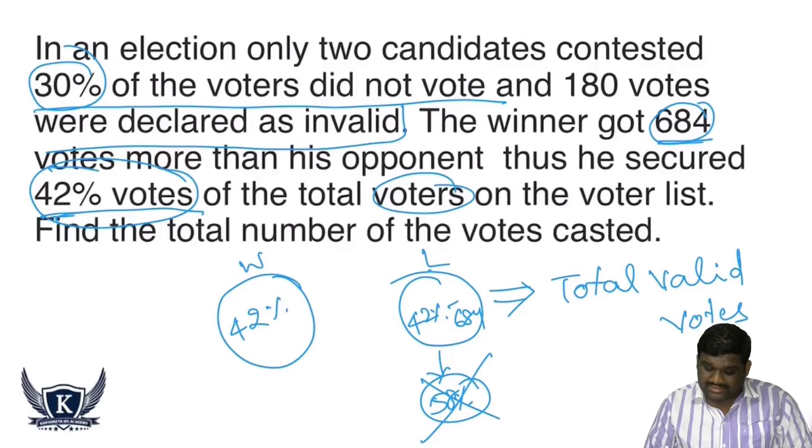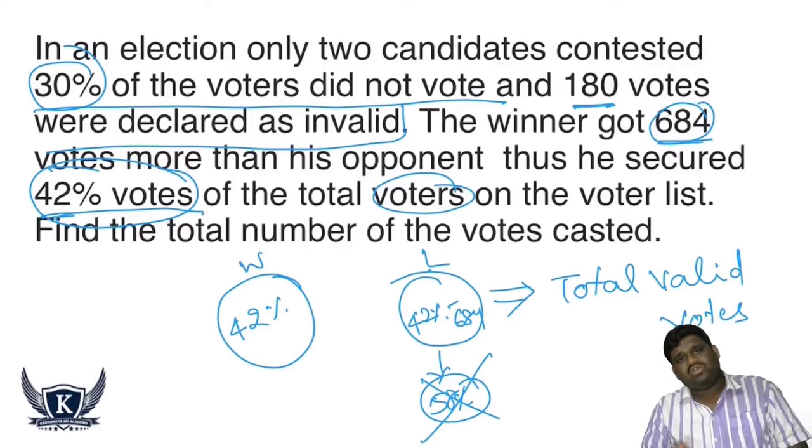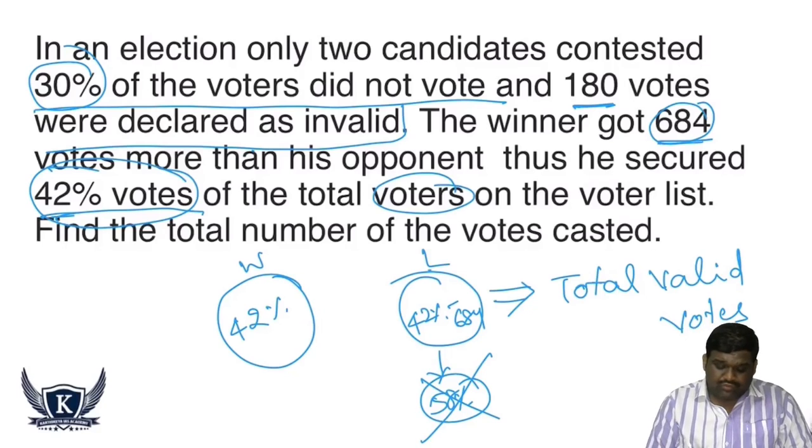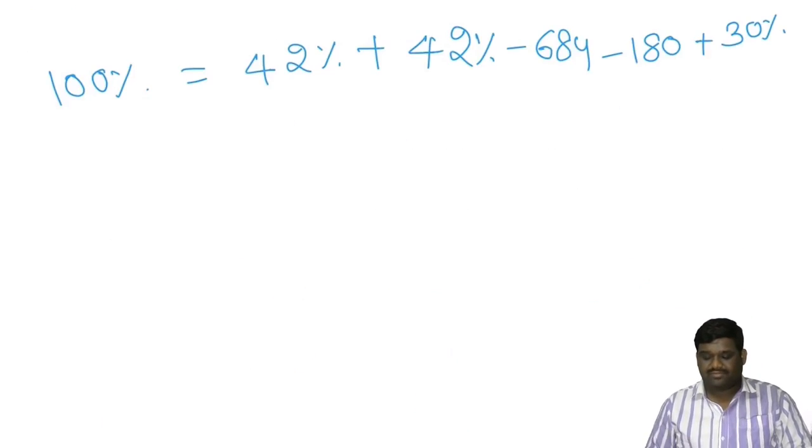And again, see sir, 180 votes were declared as invalid. That means they also didn't count in the question. So minus 180, plus 30% again. Why has this 30% come? Because of the total population, this 30% didn't cast their vote. So that is the reason why I have added 30% again.